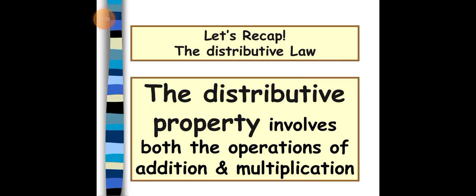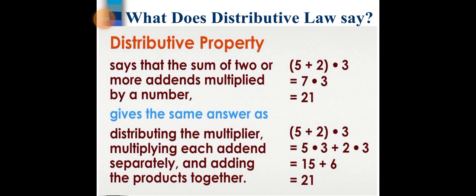Okay, so what does the distributive law say? The distributive law, or distributive property, says that the sum of two or more addends multiplied by a number gives the same answer as multiplying each addend separately and adding the products together. What does that mean? Take the sum of two or more addends multiplied by a number, like 5 plus 2 multiplied by 3. First, 5 plus 2 is 7, multiplied by 3 gives you 21.